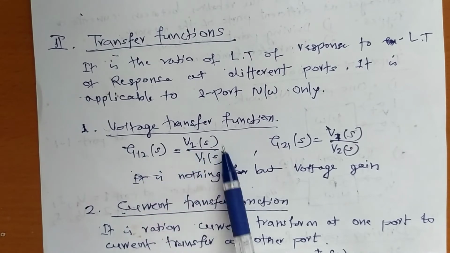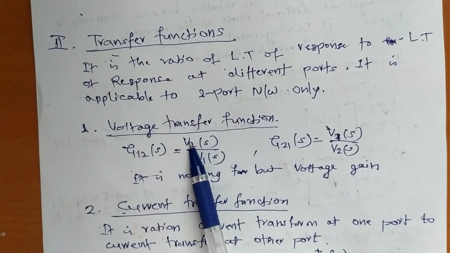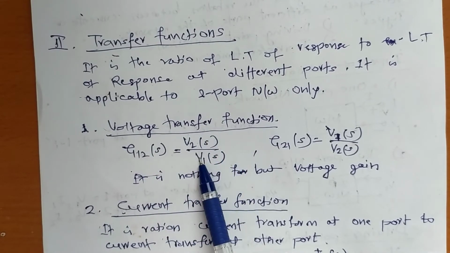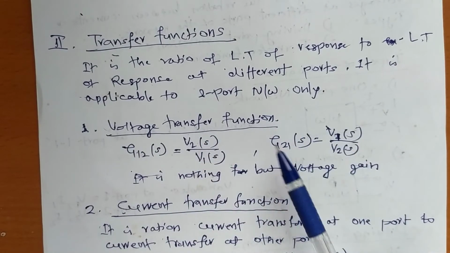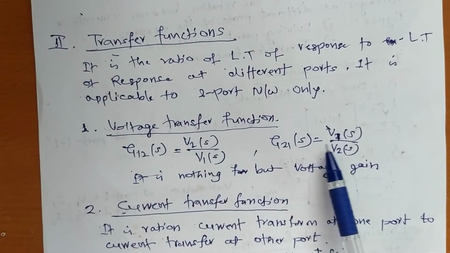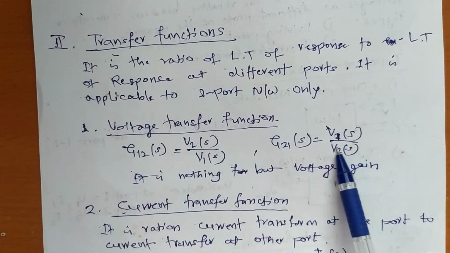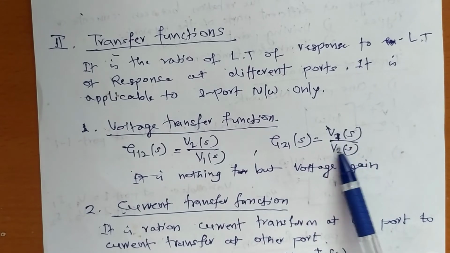This function is named voltage transfer function: the voltage at the second port to the voltage at the first port. Similarly, another possibility is G21, which can be a ratio of V1 of S by V2 of S, that is, the voltage at the first port to the voltage at the second port.